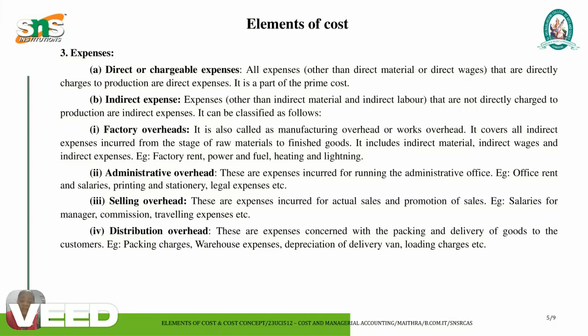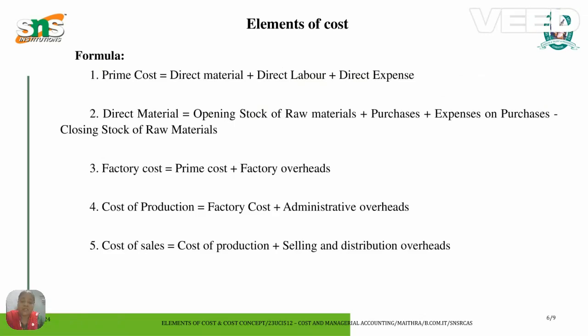Example: office rent, salary, printing and stationery, legal expenses. Next, selling overhead. These are the expenses incurred for actual sales and promotion of sales. Example: salary for manager, commission and traveling expenses. Next, distribution overhead. These are the expenses concerned with the packing and delivery of goods to the customer. Example: packing charge.